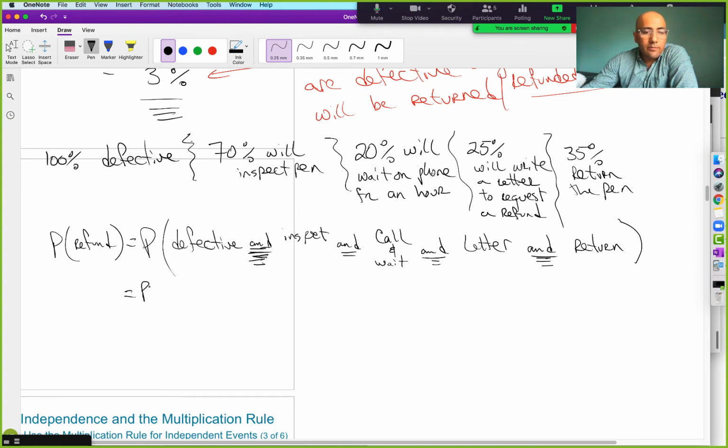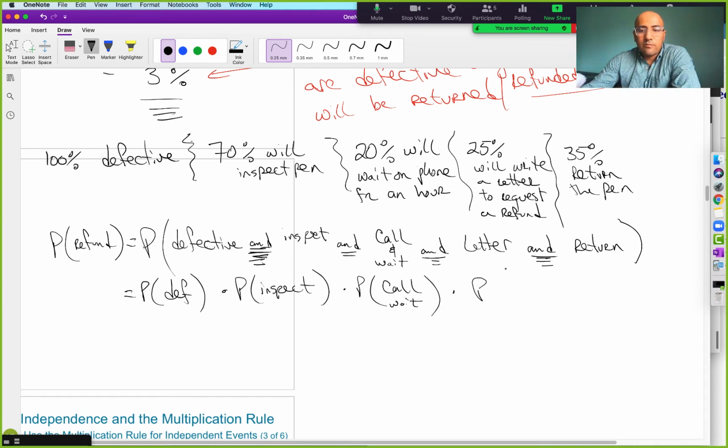So this is equal to the probability that you get a defective pen, times the probability that you inspected, times the probability that you call and wait, times the probability that you actually write a letter, times the probability that you return it.